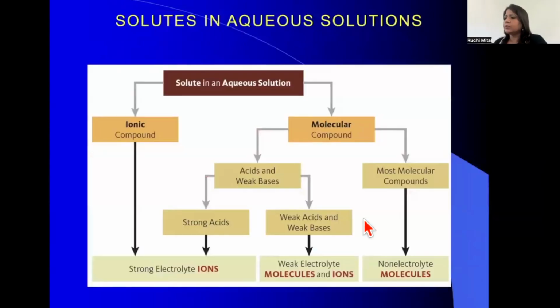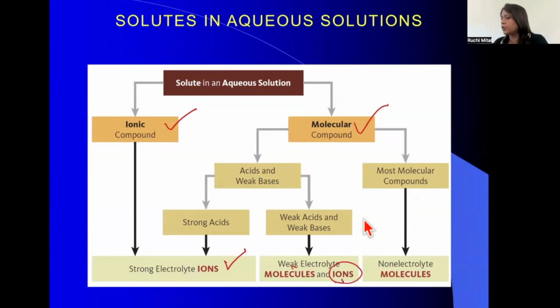So the thought process would be always, when you're looking at a compound, ask yourself, is it an ionic compound or a molecular compound? Then if it's a molecular compound, ask, is it a strong acid or a weak acid or base? If it is a strong acid, that means it's going to form ions. If it is a weak base or a weak acid, it is a weak electrolyte, correct? And it is not going to change into ions.